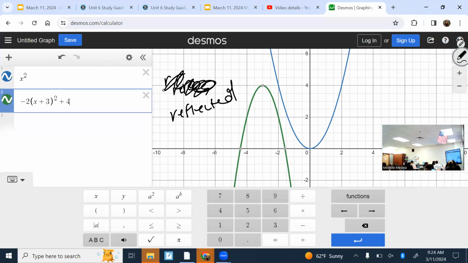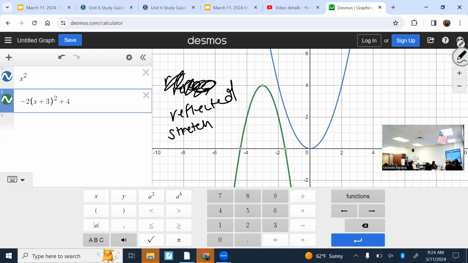Okay, what do we call it, stretched or compressed, when it's thinner? Stretched. So think like if you had a picture on the computer and you were changing the dimensions and you just pulled the top up, whatever was in that picture gets skinnier. So think of it that way. It's a vertical stretch.